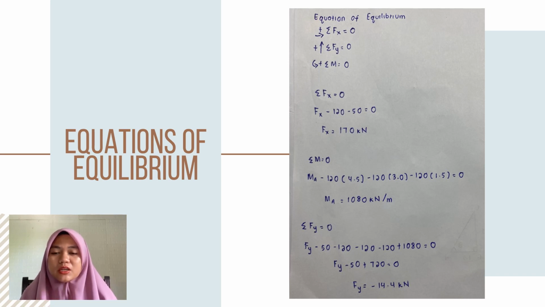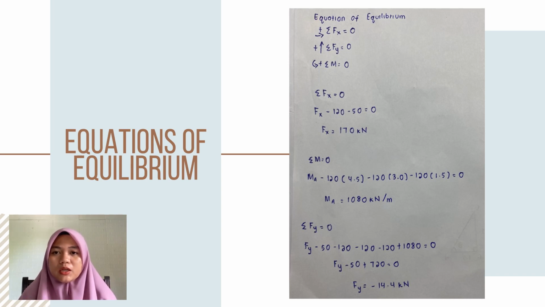First, the equation Fx equal to 0. Fx negative 120 negative 50 equal to 0. The answer is Fx equal to 170 kilonewton. Second is the equation of moment equal to 0.